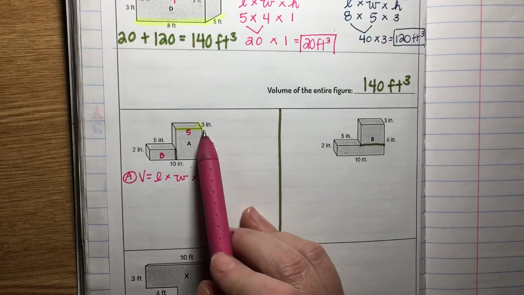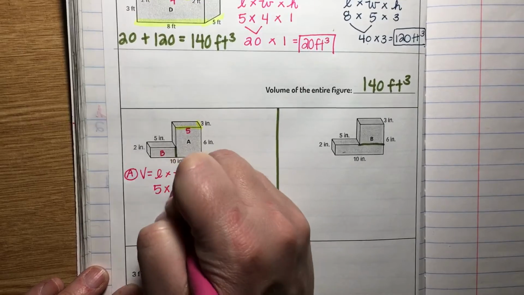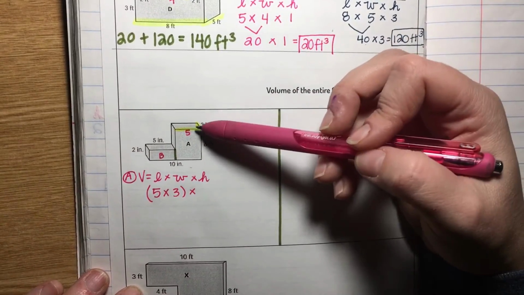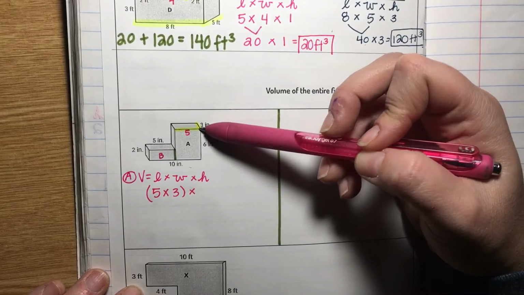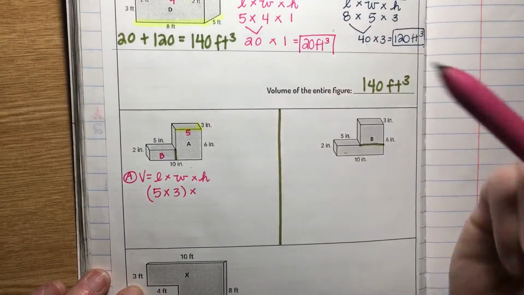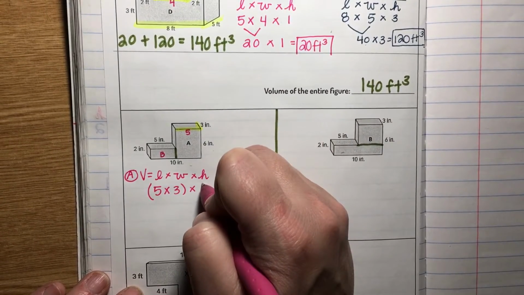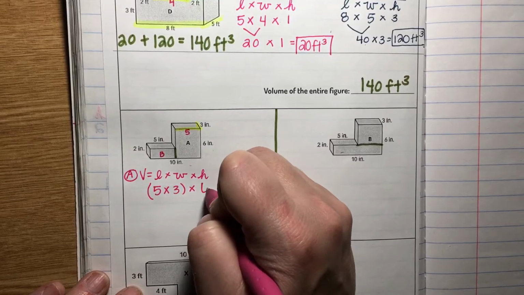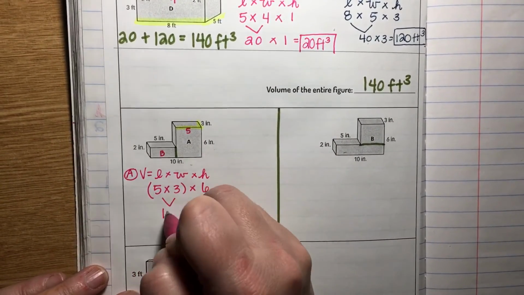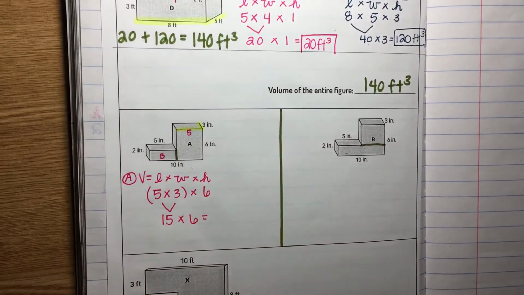I have a 5 by 3. Now to find the height of this figure, I just look up the sides and I notice that there's a 6 telling me how high box A is. So if I solve this, 5 times 3 is 15, and 15 times 6.